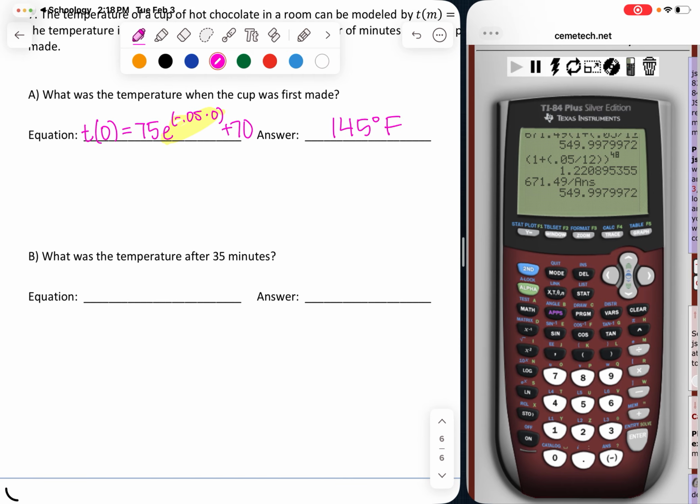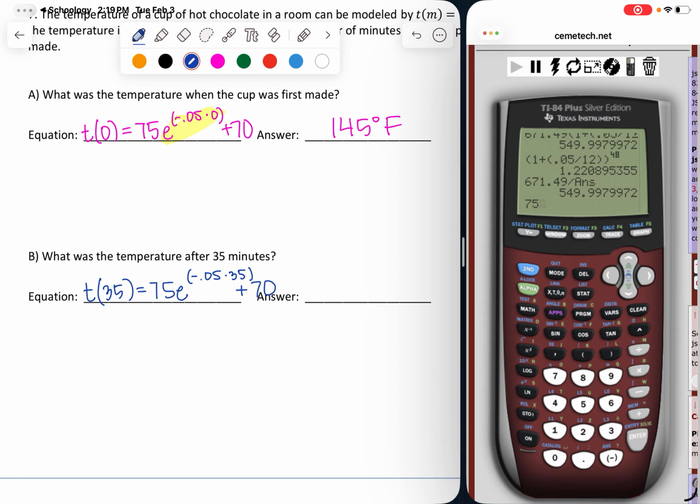Okay. What is the temperature after 35 minutes? T of 35 equals 75 times E to the -0.05 times 35 plus 70. This better be less than 145 degrees or I typed it wrong, all right? It's cooling off.